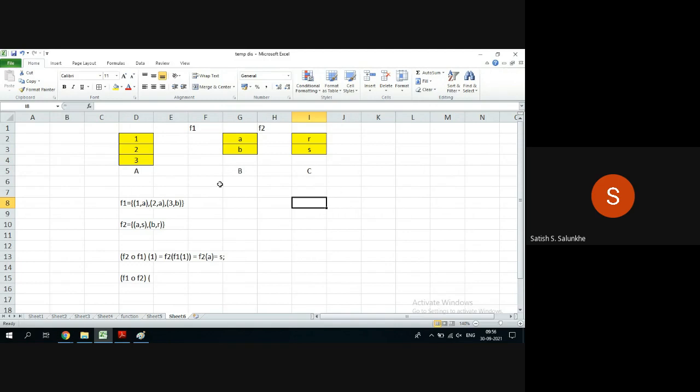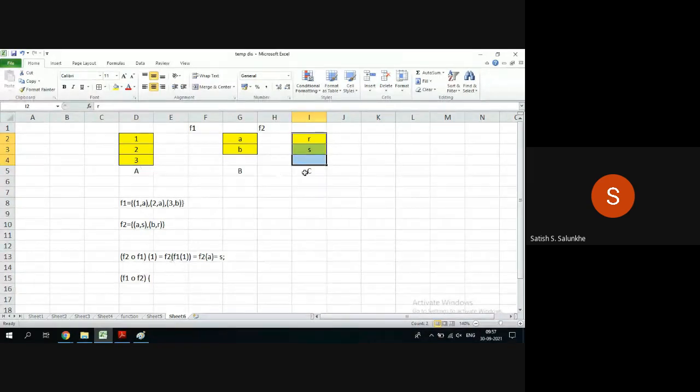On the basis of this you can see we do have a mapping function from A to B and a mapping function from B to C. But f2 composition f1 means first we evaluate f1, then f2, moving from A to B and B to C. f1 composition f2 means we need to evaluate f2 first, that is B to C, and then apply f1. If these are the same set, with the same elements, then we may have the commutative property satisfied. Otherwise, it is not possible to satisfy the commutative property.